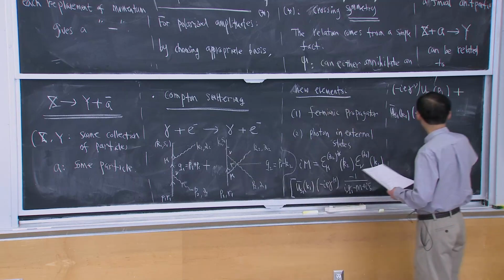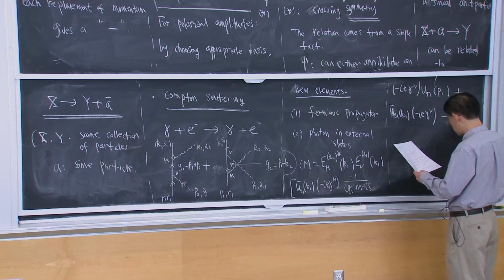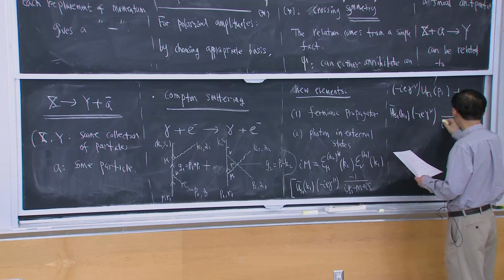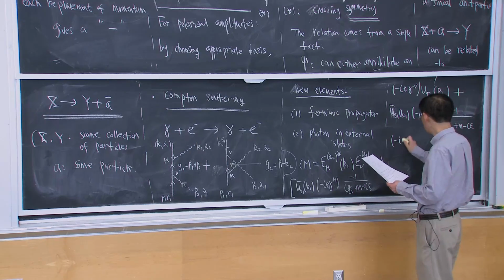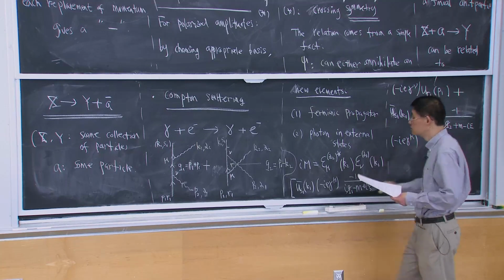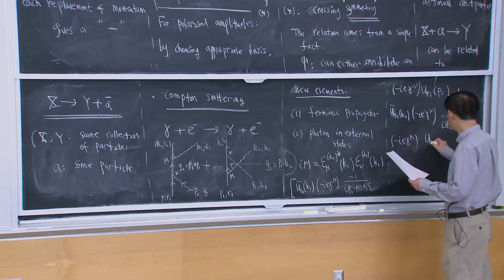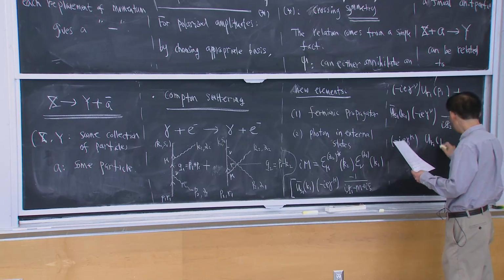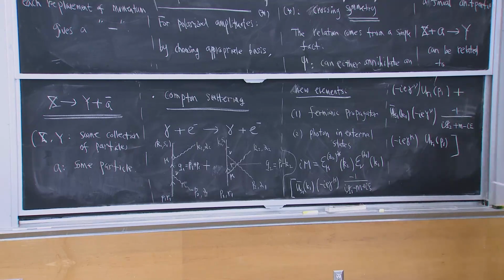Then you have the photon, then this fermionic propagator, which is i Q2 slash plus m, minus i epsilon. And then you have minus iE gamma mu from here, and then you have the final state, U R1, P1.